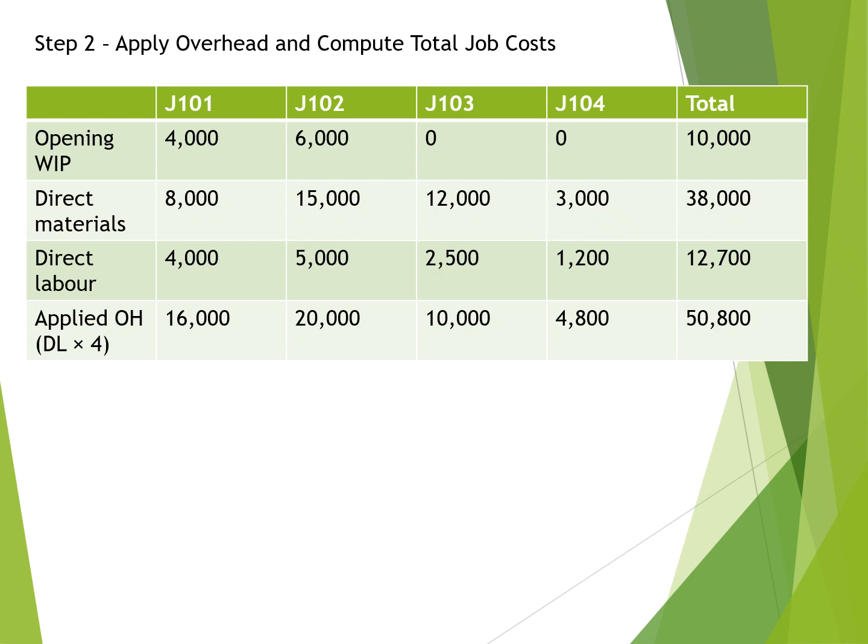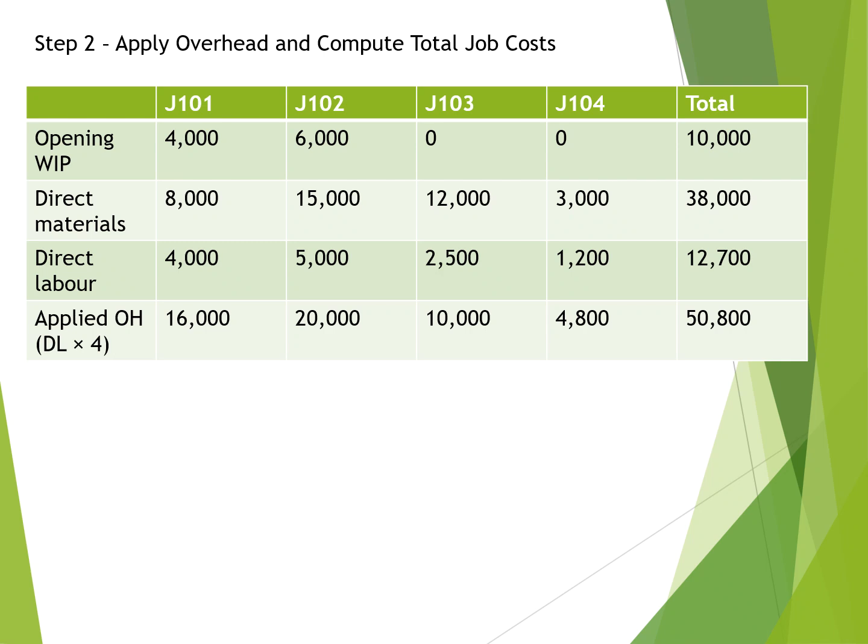Now we take that rate and apply overhead to each job. J101 has $4,000 of direct labor, so we apply $16,000 of overhead. J102 has $5,000 of labor, so it gets $20,000 of overhead. J103 gets $10,000 and J104 gets $4,800 of overhead.